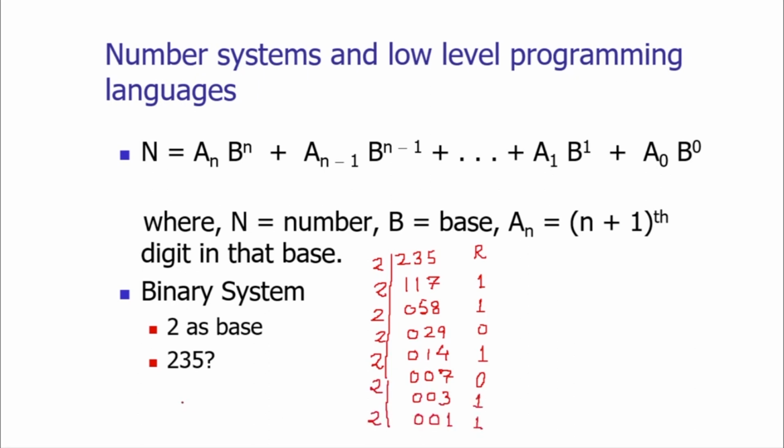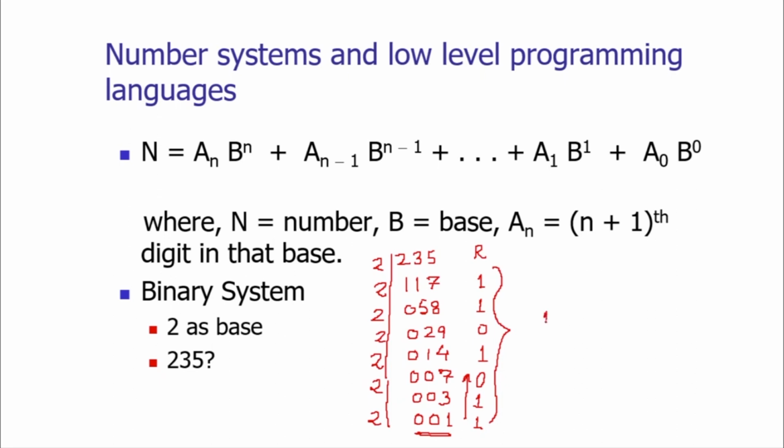Fine. Now if I want to write the binary representation, I will start from the bottom to the top. We first see what value we are getting here. If it is 0, it is fine. If it is 1, then we use that 1 over here.